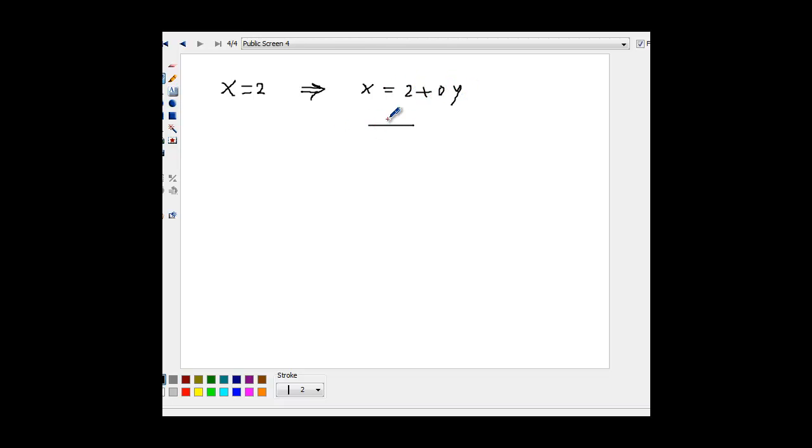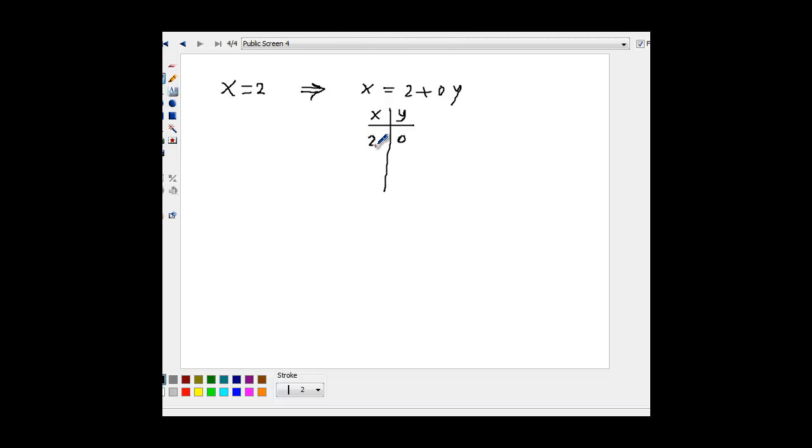So if I set up a chart again, now pay attention here. I want you to answer these questions again. If y is equal to 0, what is x, Parisa? If y is equal to 0, what is x? X is equal to 2. Excellent.